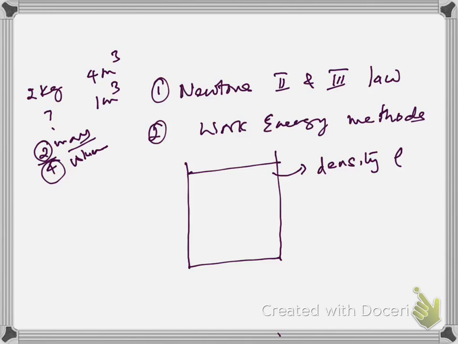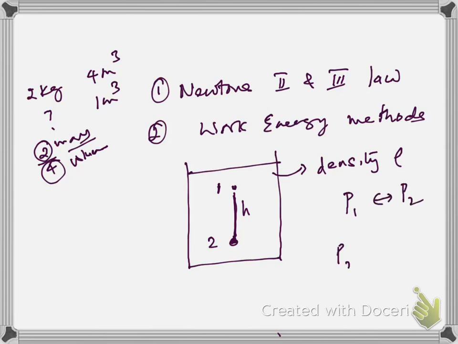So here I took the density of the liquid to be rho. I have a point 1 in this liquid. I have another point 2 in the liquid. The second point is below the first point, and the distance between these points is h. So I want to relate pressure at 1 with pressure at 2.